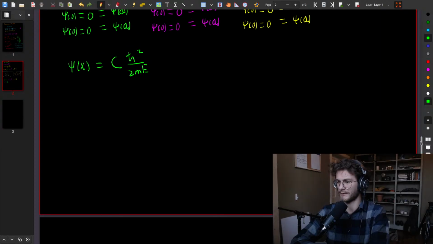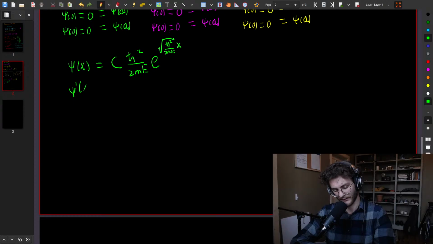I feel like it's skipping around. E to the square root of h bar squared over 2me x. Okay, so psi prime of x equals c, and we're going to do this, h bar squared over 2me to the 3 halves.